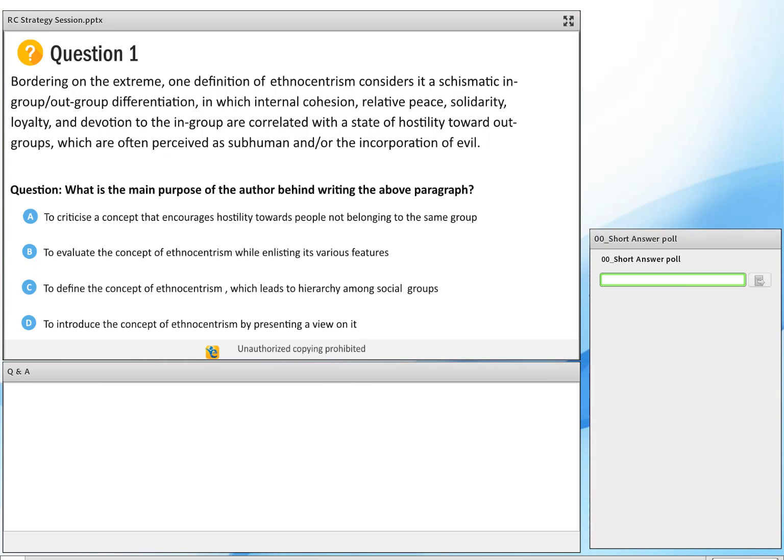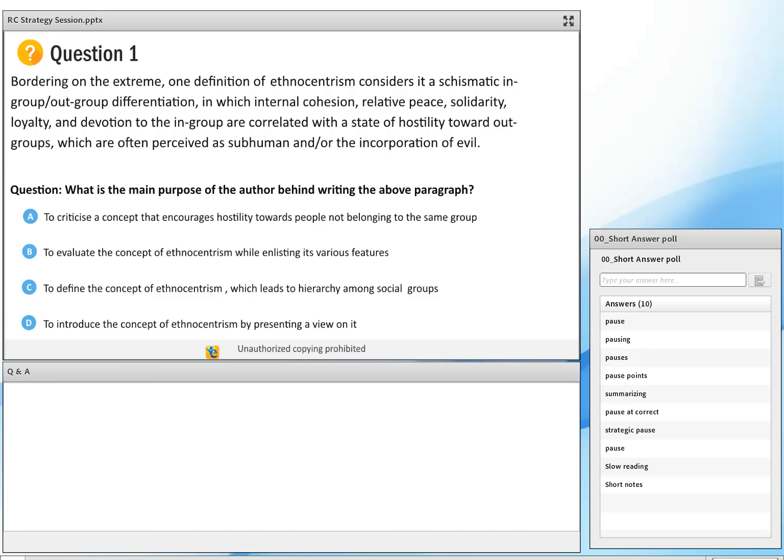So what strategies were you able to apply? Pauses, okay, so the first one, good. Summarizing, slow reading, pause at correct points. Okay, good. Did the strategies help? Did you feel that you had a solid handle on the passage?